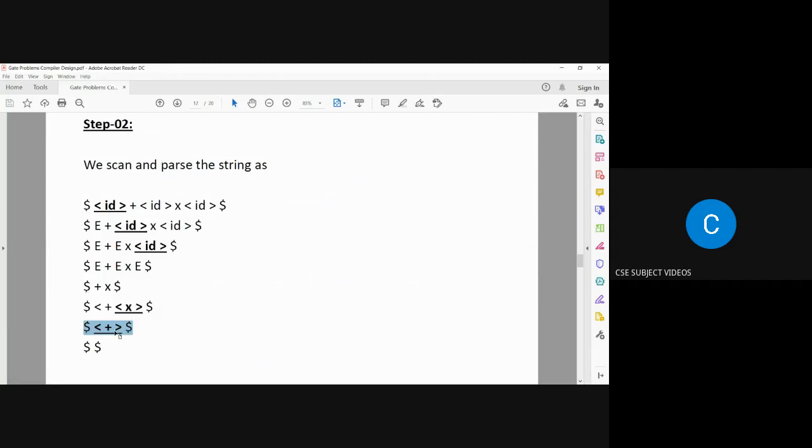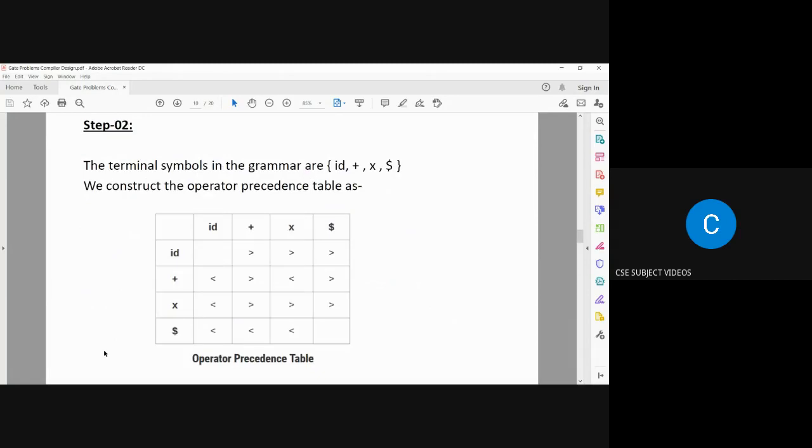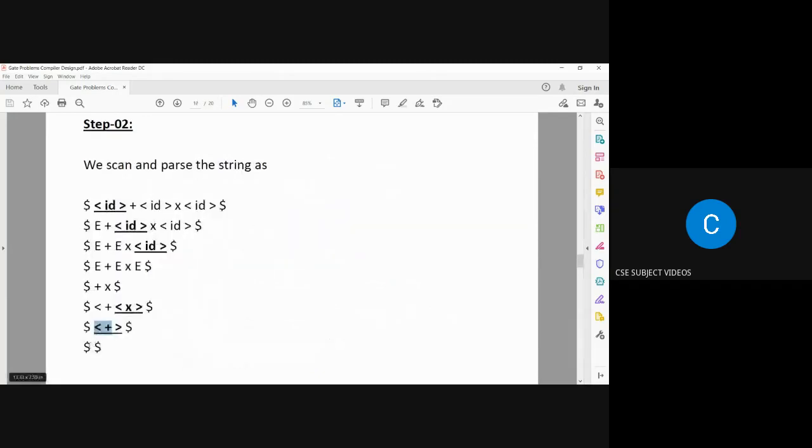So here the higher priority terminal is plus, so we remove this plus from the present step. Plus removed means dollar dollar, there is no priority, equal priority. So the given input string is accepted successfully by operator precedence parsing.